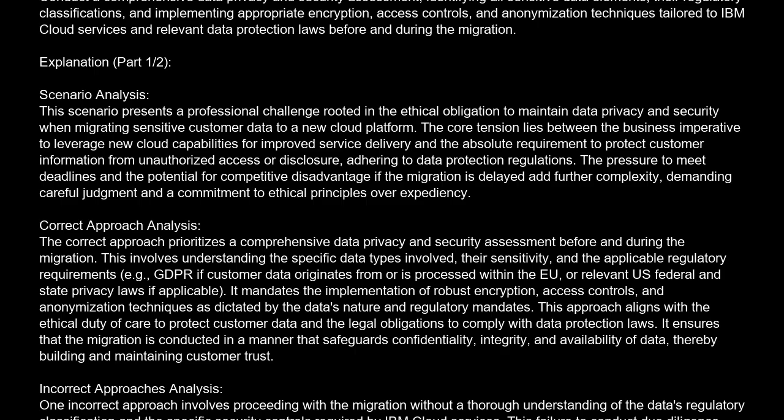Incorrect approaches analysis. One incorrect approach involves proceeding with the migration without a thorough understanding of the data's regulatory classification and the specific security controls required by IBM Cloud services. This failure to conduct due diligence constitutes a significant ethical lapse and a direct violation of data protection principles, potentially leading to regulatory penalties and reputational damage.